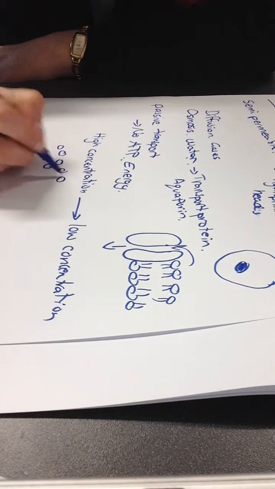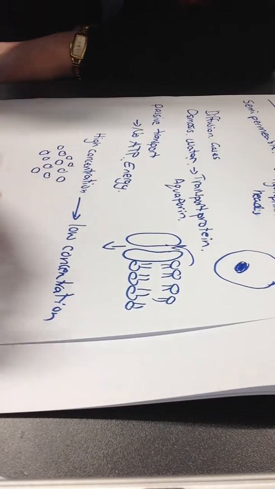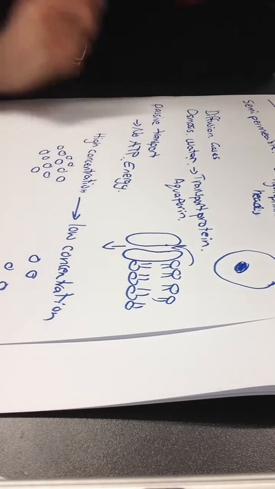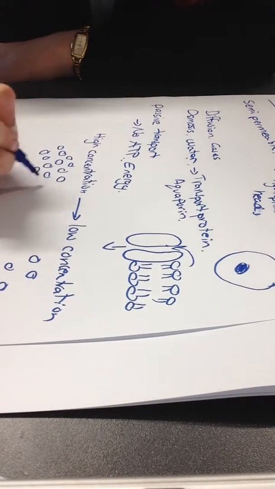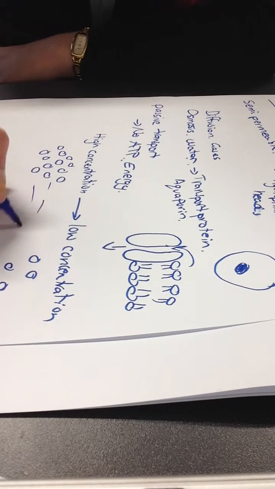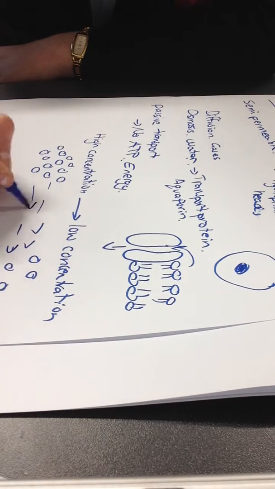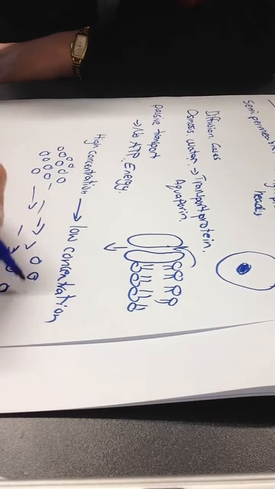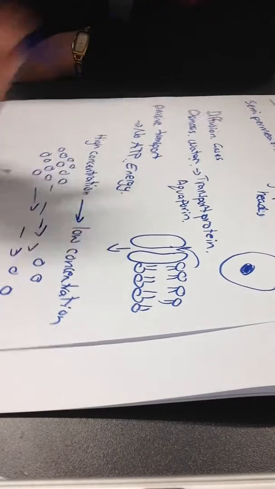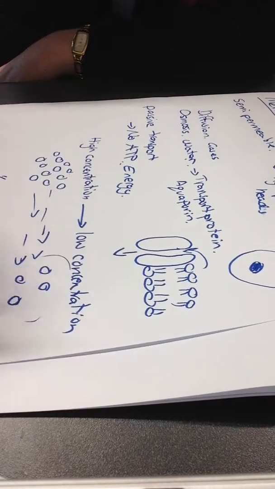Lots of molecules here and only a few molecules here. Life wants to be balanced. There's space over here, so these ones will casually drift over there so that each side is equal. You end up with fewer molecules here, more molecules here.